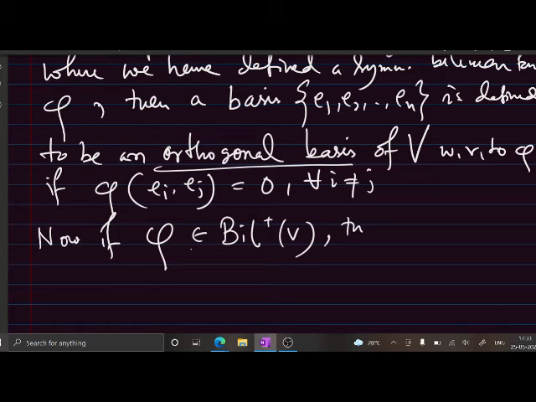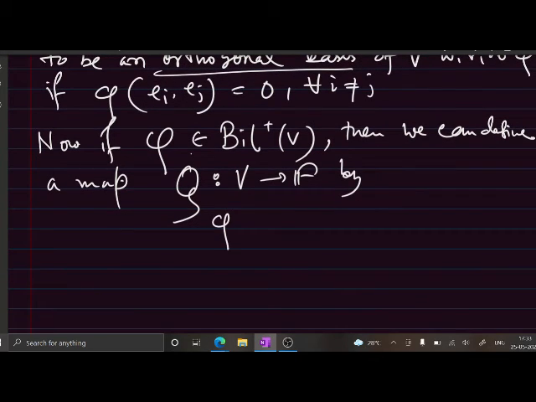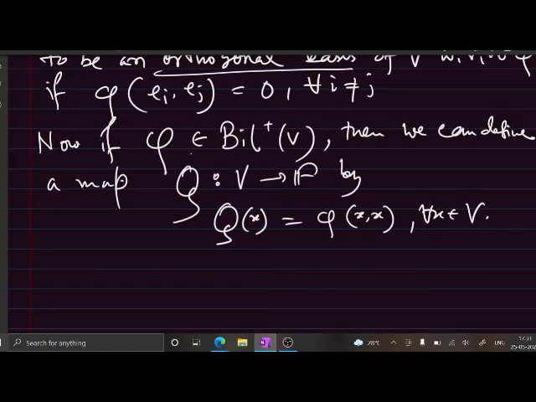Then we can define a map denoted by Q from V to F by the following definition: Q of vector x is phi of x x. This is true for all x belonging to V.